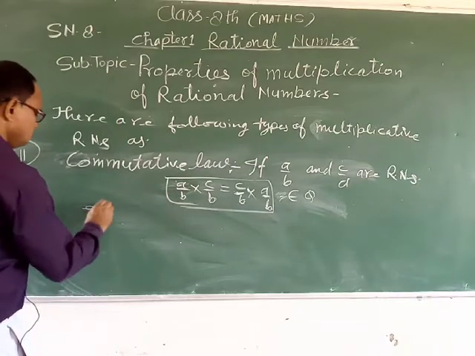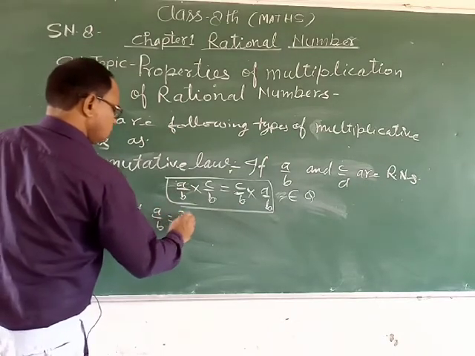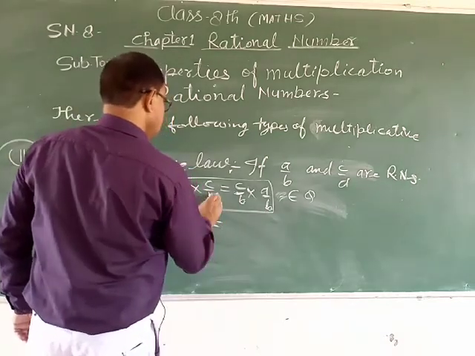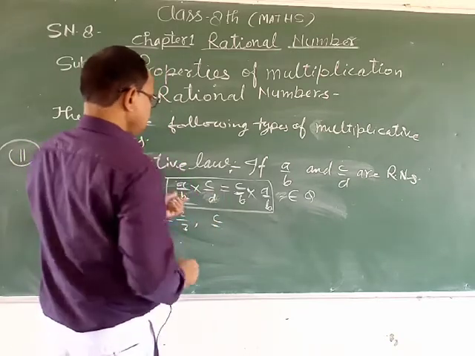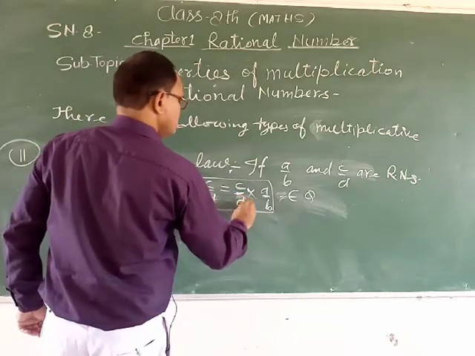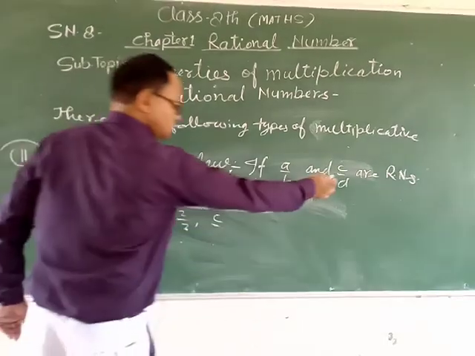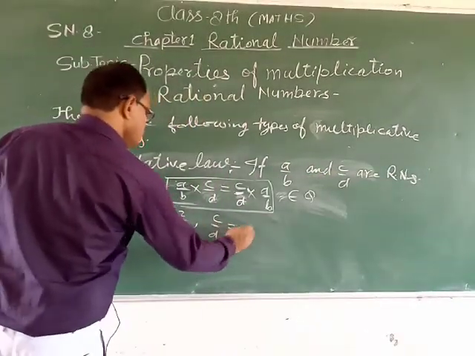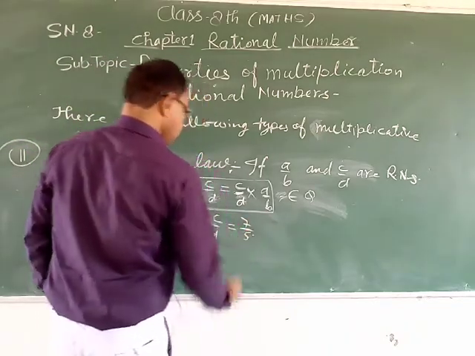Let A by B is equal to 2 by 3 and C by D is equal to 7 by 5.